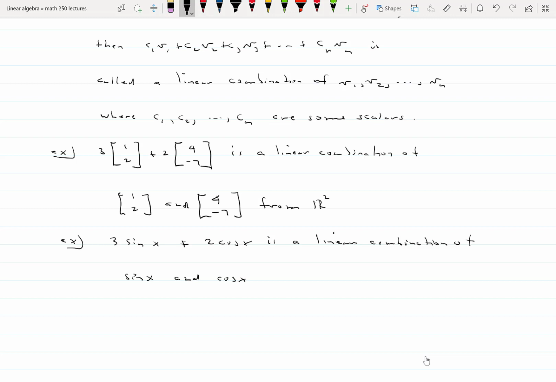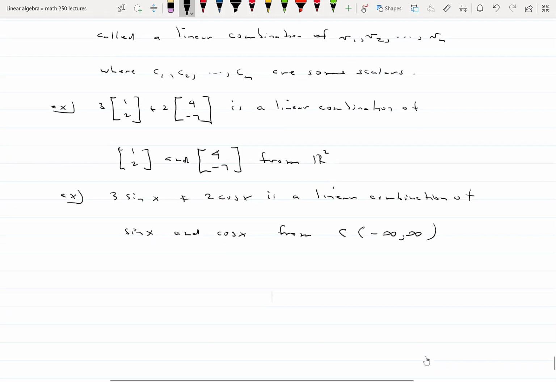Sine of x and cosine of x are vectors from C of negative infinity to positive infinity. They're continuous functions from the vector space C of negative infinity to positive infinity. Okay, so it's kind of weird. Our vectors don't look like the ones from physics that you're used to. Vectors can be functions or matrices, all kinds of stuff.